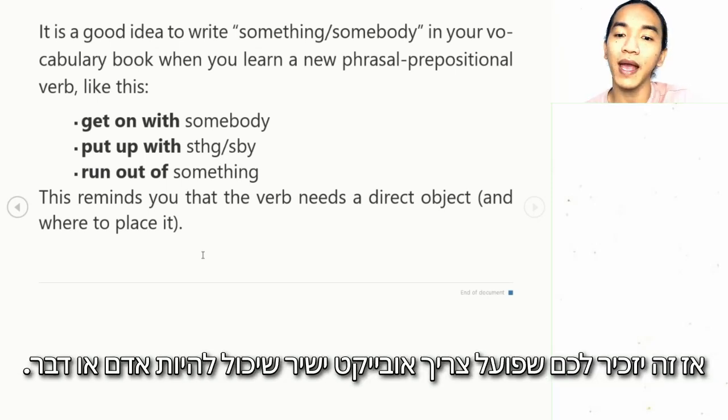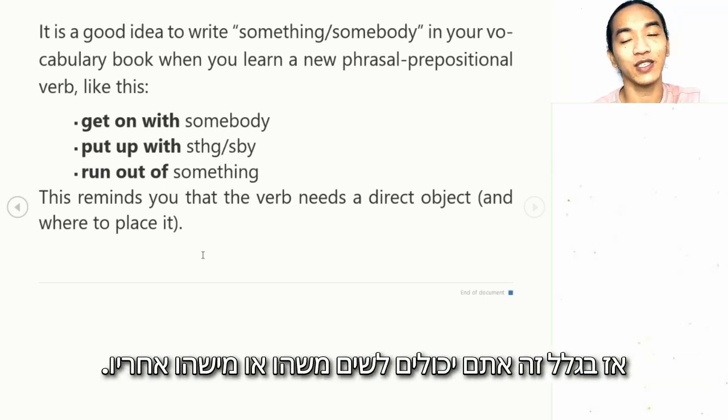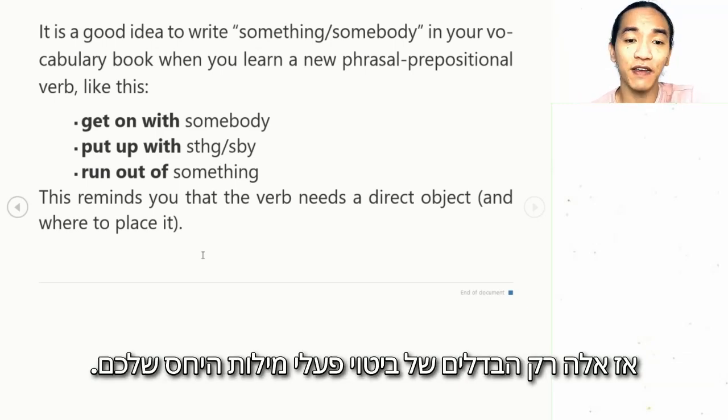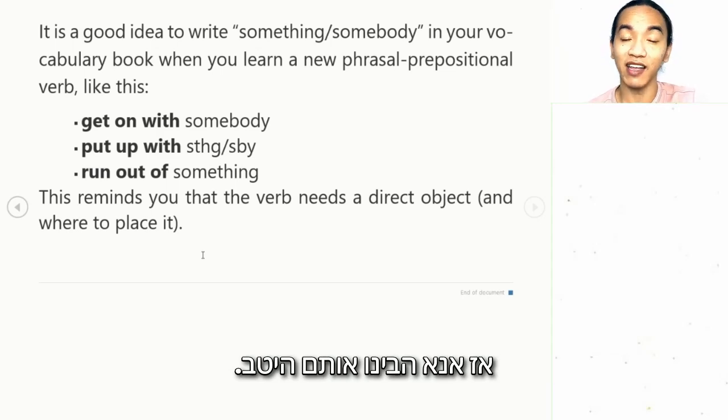This will remind you that a verb needs a direct object, which could be a person or a thing. So that's why you can put something or somebody after it. Those are just the differences of your phrasal and prepositional verbs. So please understand them well.